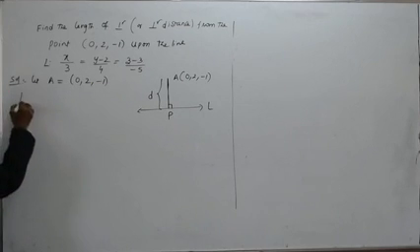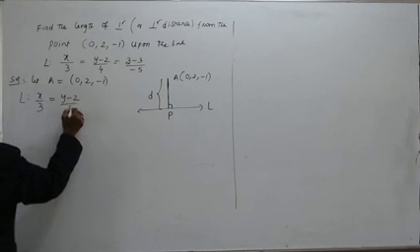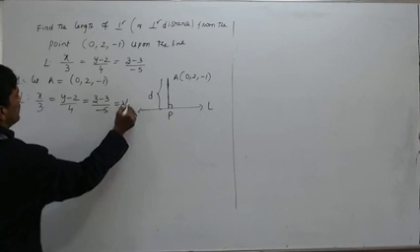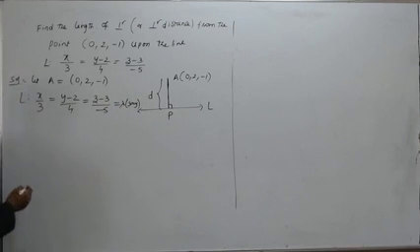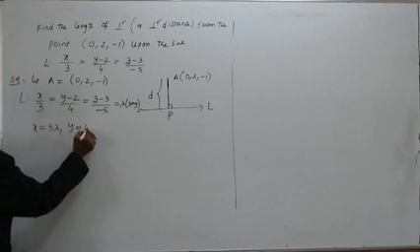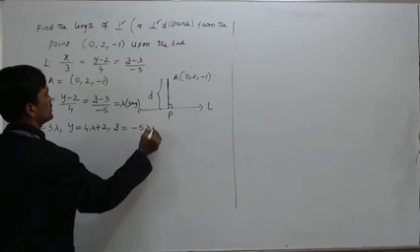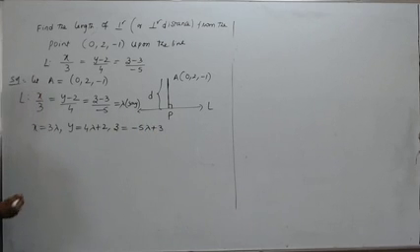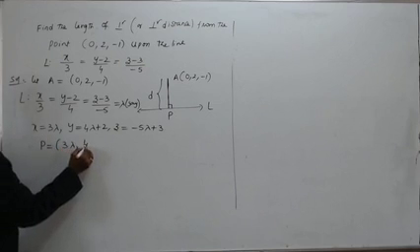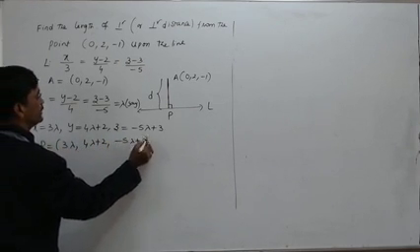What is the line equation? x by 3 is equal to y minus 2 by 4 is equal to z minus 3 by minus 5. Let it be lambda. Then what do you get? x value is 3 lambda, y value is 4 lambda plus 2, z value is minus 5 lambda plus 3. That means the coordinates of P can be taken as 3 lambda, 4 lambda plus 2, minus 5 lambda plus 3.